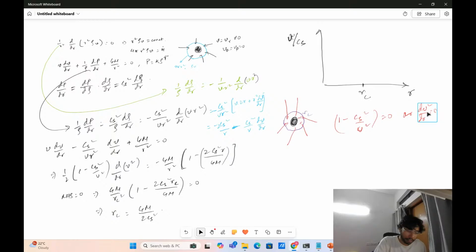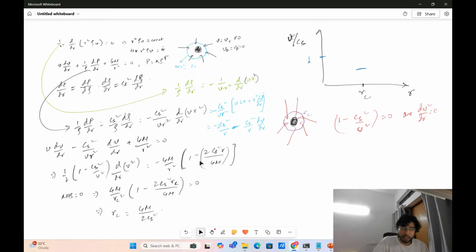So let's say this is the point where U by Cs is 1, and so the derivative of velocity is zero. So that means the velocity will be flat at this point, right? Okay. So now this will be zero at R equals RC.